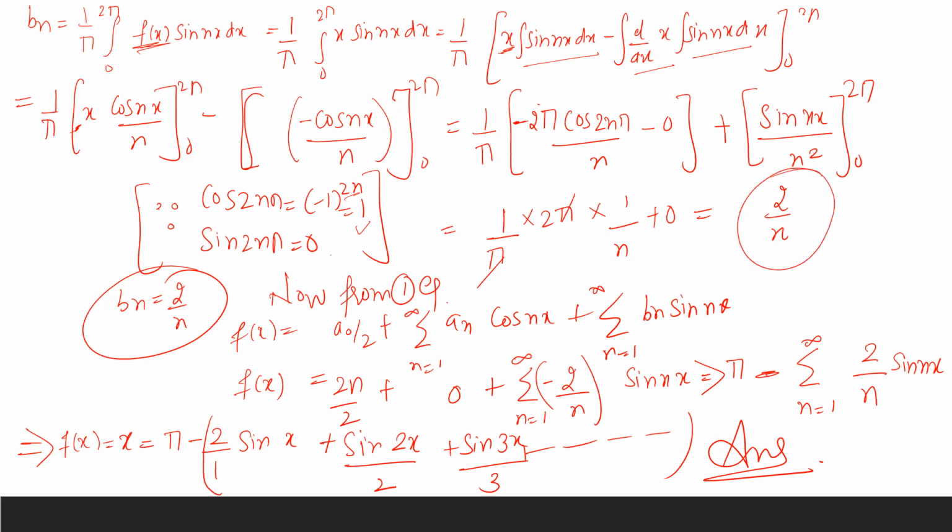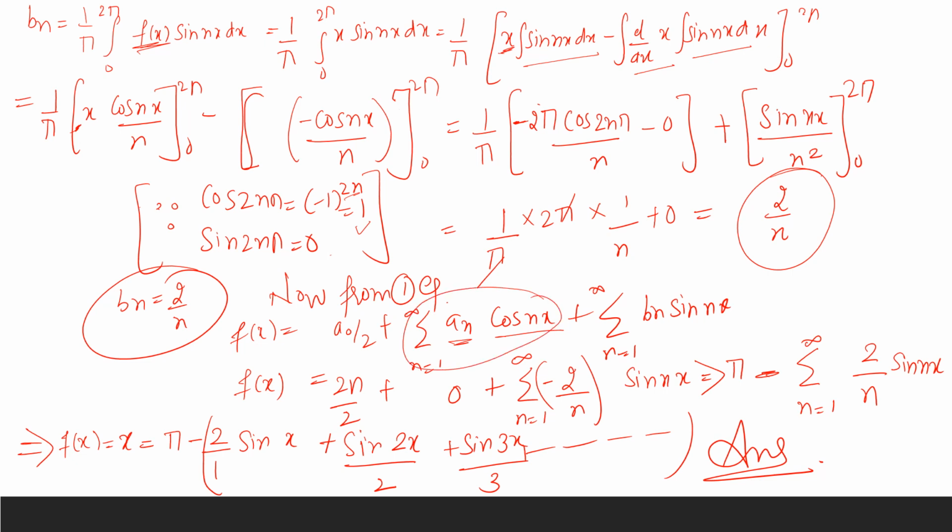Now, from the first equation, f(x) = a naught/2 + summation n=1 to infinity an cos nx + summation n=1 to infinity bn sin nx, we put in the values. What is the value of a naught? That is 2π. an will be 0, so multiplied by cos nx, this whole term will be 0.